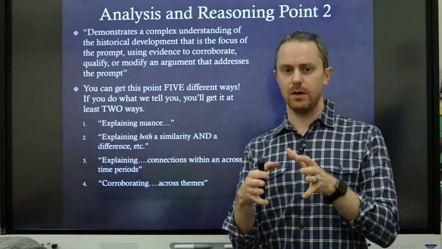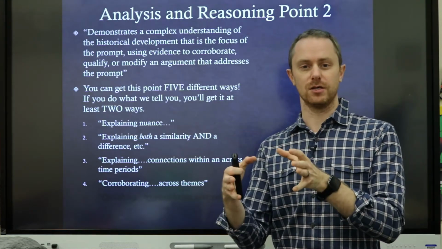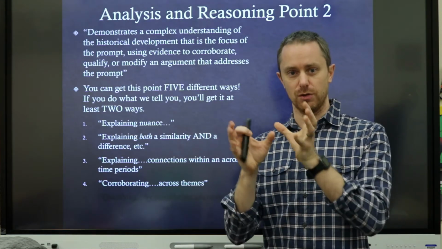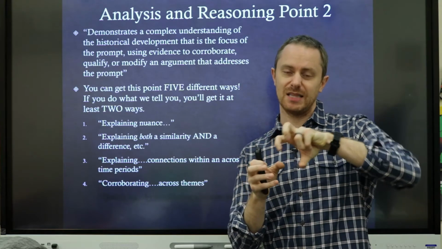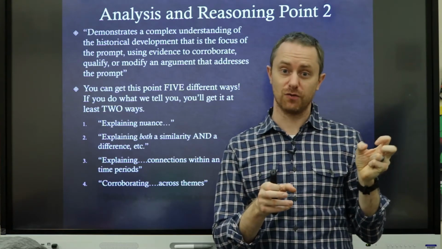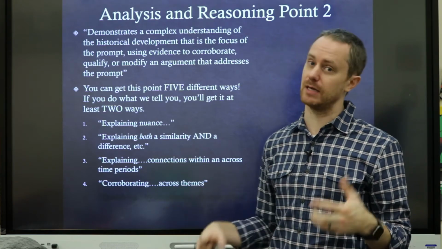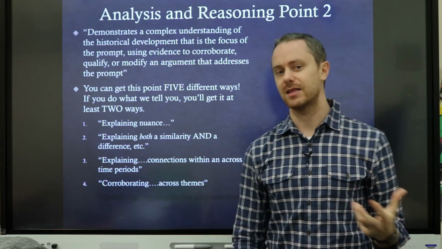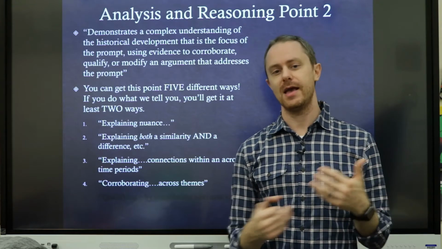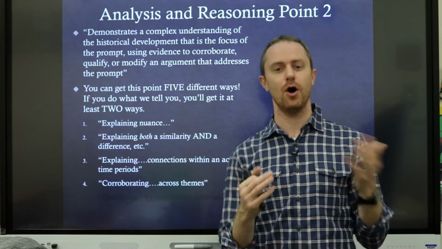But if you connect the theme of politics, for example, if that's the theme that your prompt is operating in, and extend that to the social implications, for example, that is a great way to extend your argument across themes and get the complexity point. It's not that hard because inherently many of these themes have overlap.